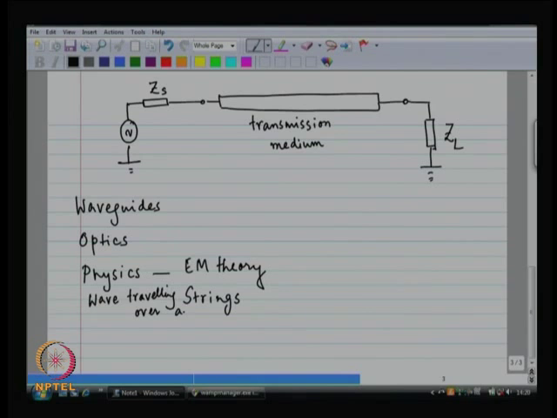So, if you have studied any of this, or if you have studied transmission lines, so all of these theories are very, very similar to each other.